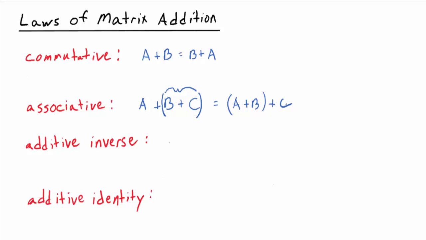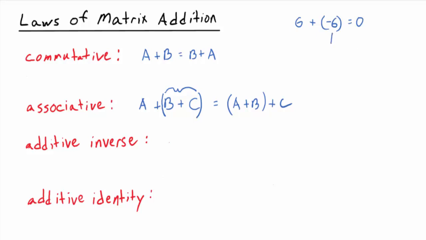Okay, additive inverse. Let's go back to real numbers. What is the additive inverse for the number 6? It's the number you would add to 6 so that when you add them together, you get 0, which is the additive identity.